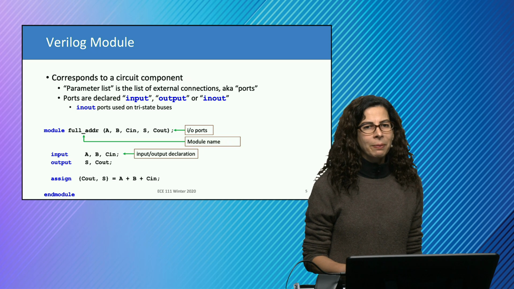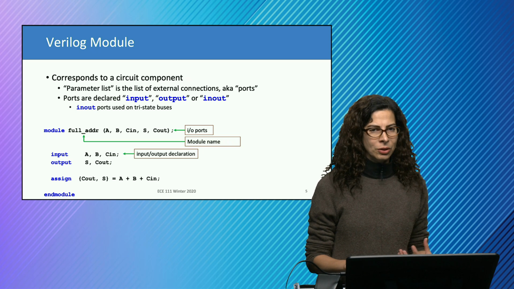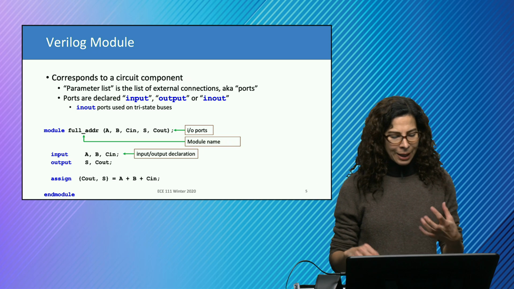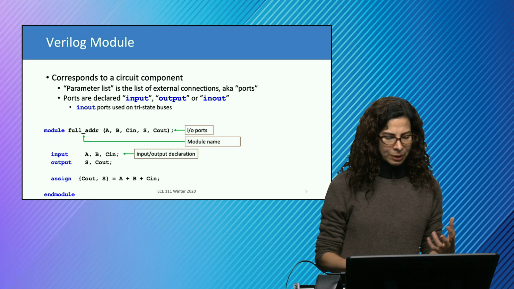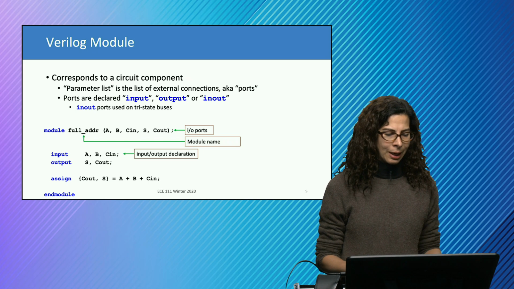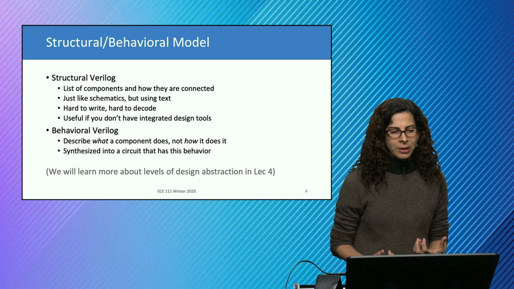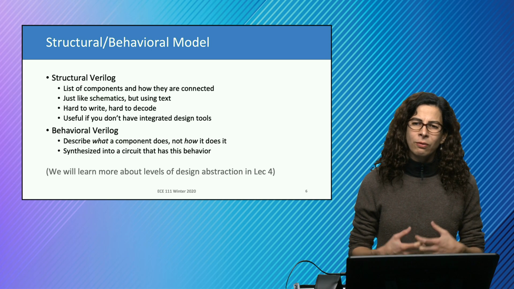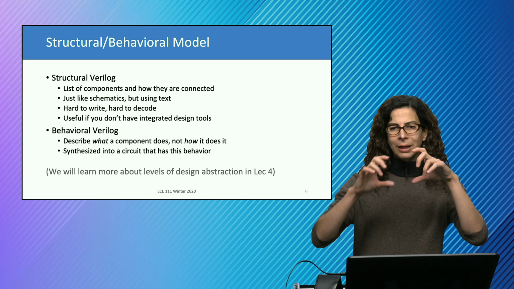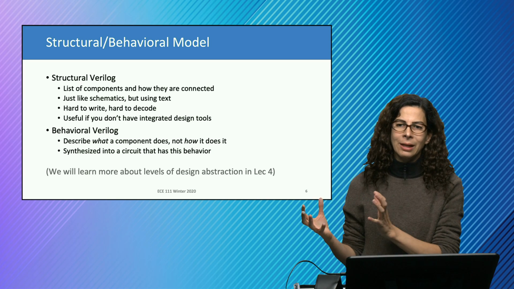A Verilog module that we covered last time in lecture 1 as an example has a module name, ports in and out, and the relationship between the input and output. But there are different ways we could write this. In structural Verilog, we write about the structure, how things are connected.